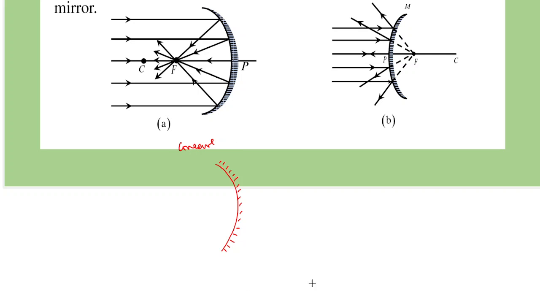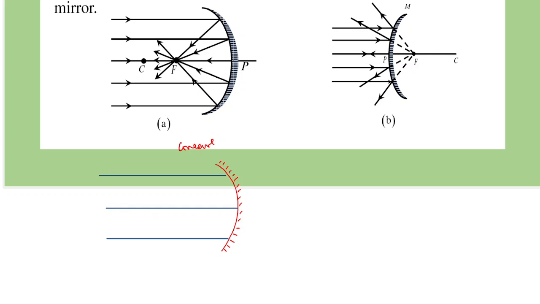And what happens here is, imagine that the object is very far away. When the object is very far away, we represent it by parallel rays. So by drawing parallel rays, it means the object is very far away. Theoretically, it is at infinity. We'll draw a few light rays of this.